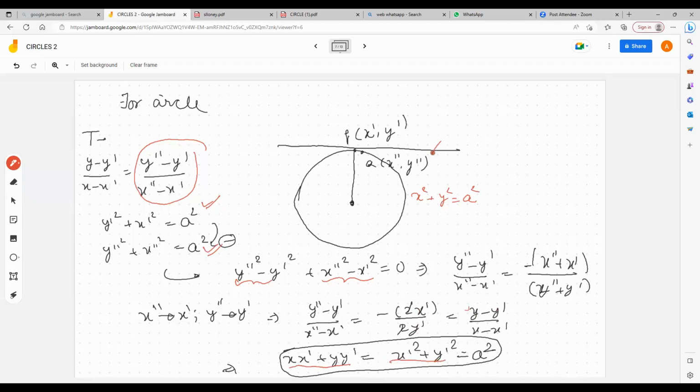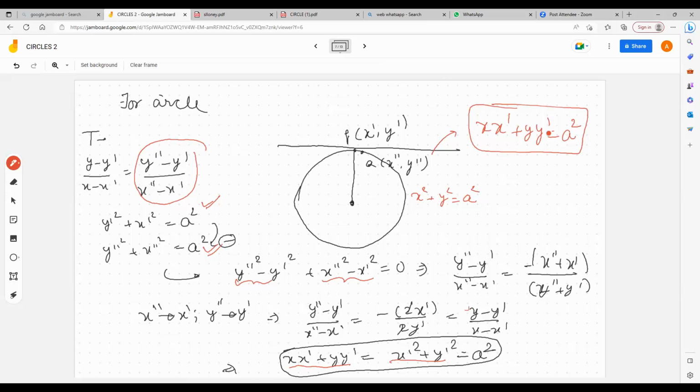So the equation of this tangent is x x' plus y y' equals a square. Okay.